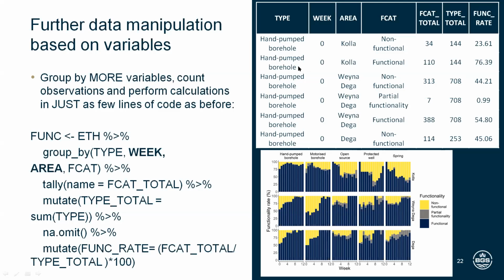And that gives us this. So again, we have the types, we have the week and the area for each functionality category, and we have a functionality rate within each area in each week for each type of water source. So we can then go from this to this using ggplot2.